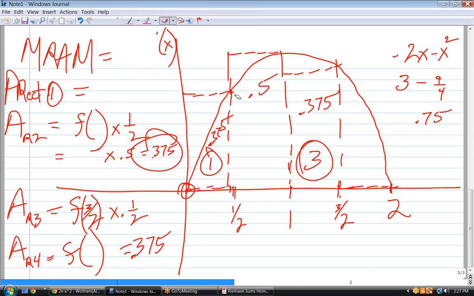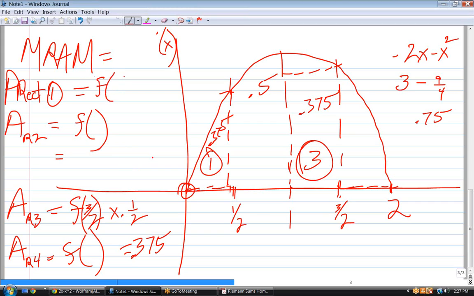Mid ram. So I'm not even going to look at the curve. Let's just go through the algebra. Rectangle 1, area is f of what times 0.5? Since it's mid, is that f of 1/4? Uh-huh.